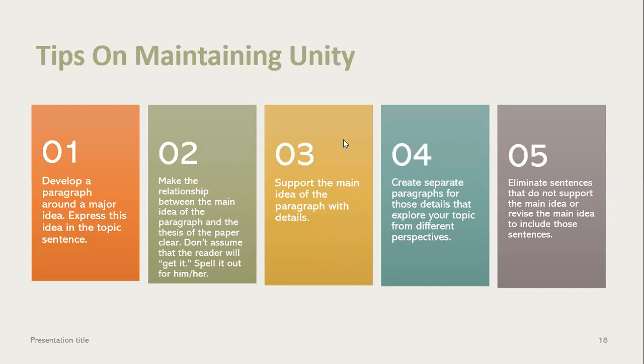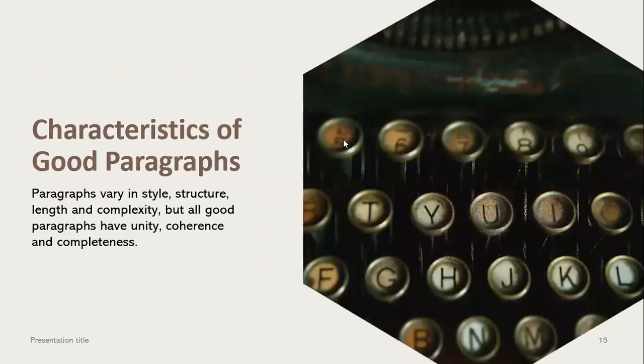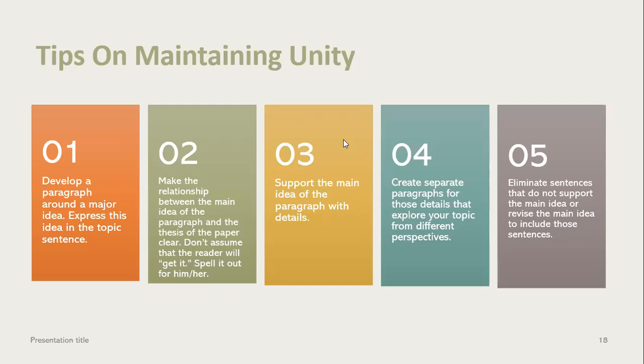Create separate paragraphs for those details that explore your topic from different perspectives. Eliminate sentences that do not support the main idea or revise the main idea to include those sentences. So these are just some tips that can help you as you write to maintain the unity in your paragraphs.